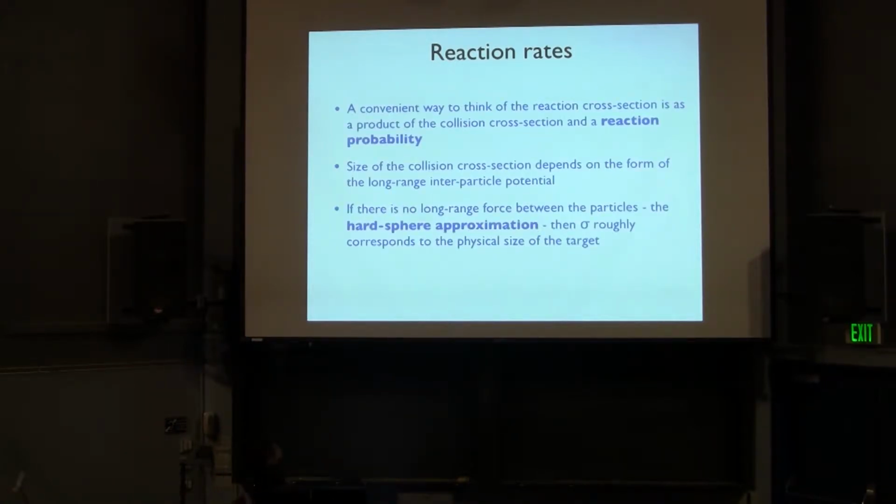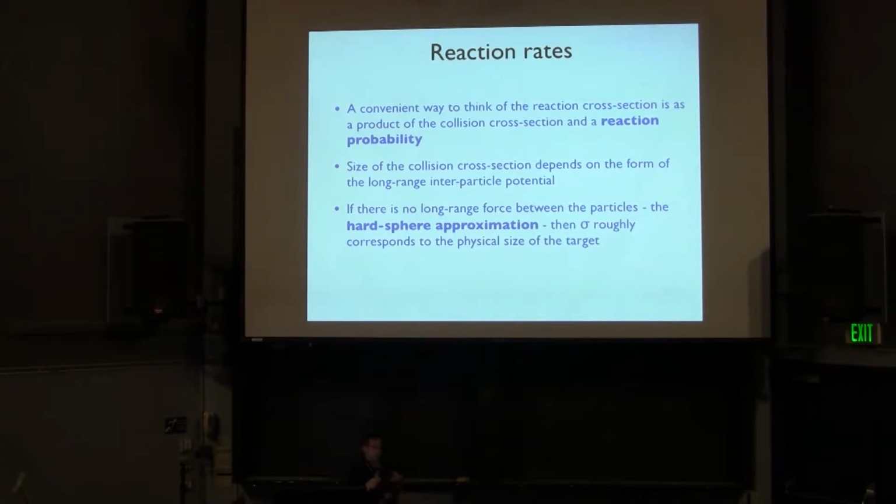So another way of thinking about it is that you have a collisional cross-section and a reaction probability that are going to combine together. And the size of that cross-section is going to depend on the type of the interactions. Okay, so if you imagine you had no long-range force, say you had two neutral objects coming together and banging together, you could almost approximate them as solid spheres, and that is indeed often what the chemical reaction rates are doing.